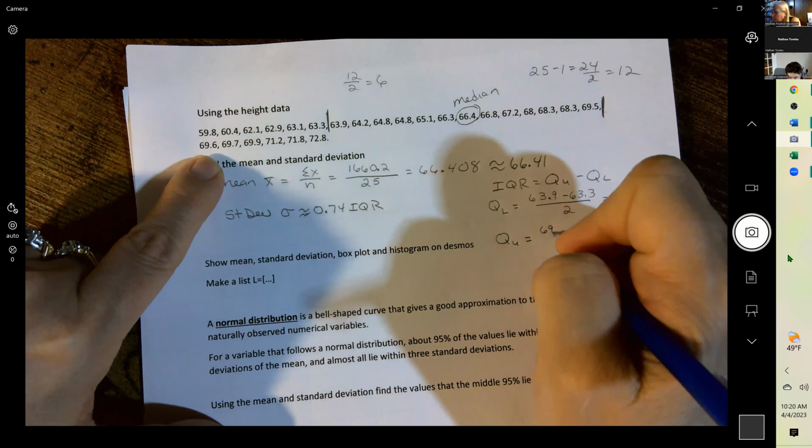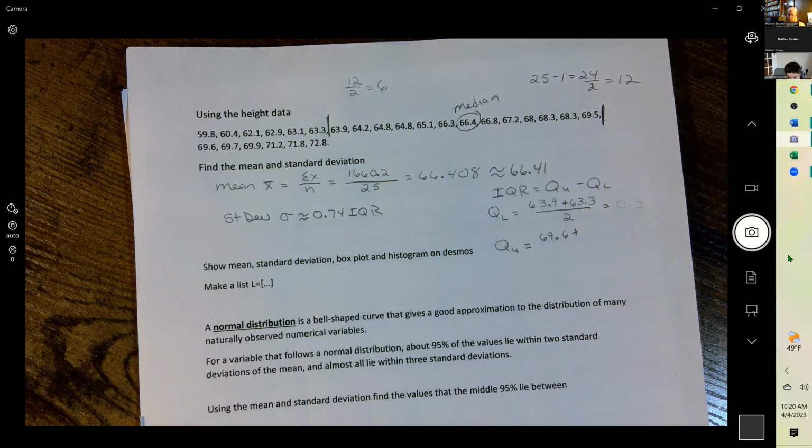Did I put minus? This should be a plus. I was still thinking about the range. Make sure this is a plus because you should get a number in between. 63.6, sorry about that.